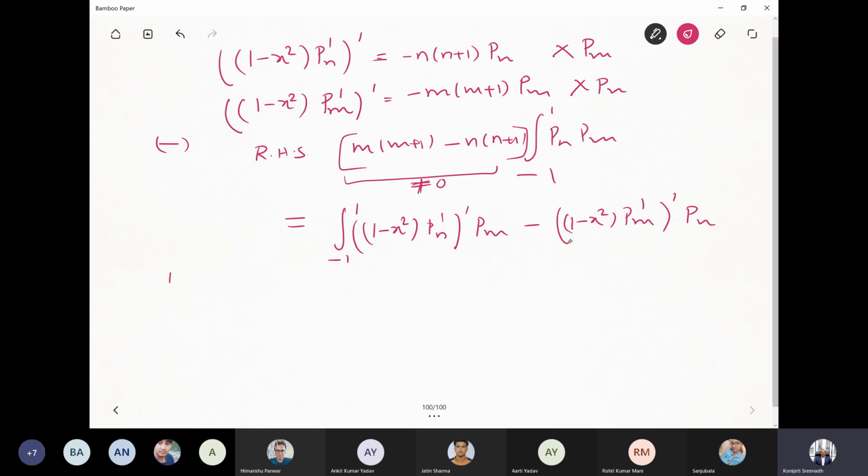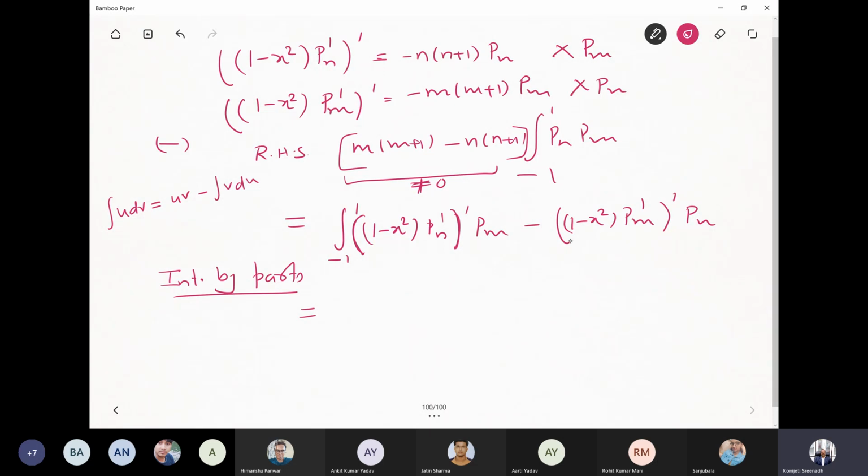So here we apply integration by parts. When I do the integration by parts, one derivative goes on to the second one, that is one term. We are applying the formula, the integral of u dv equals uv minus the integral of v du.